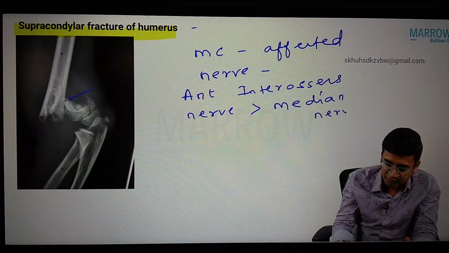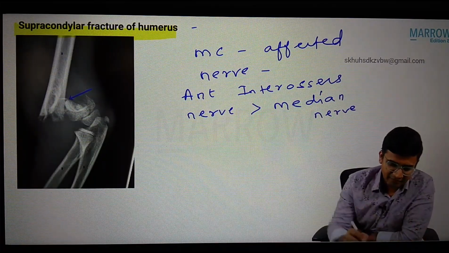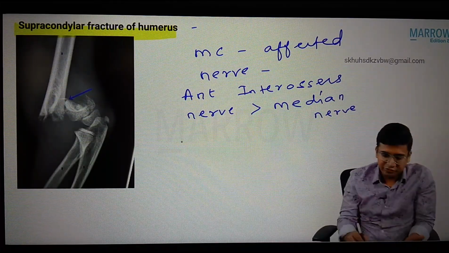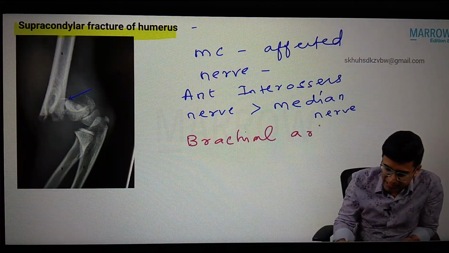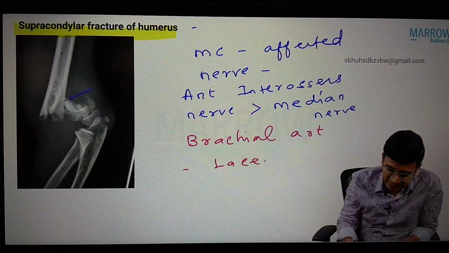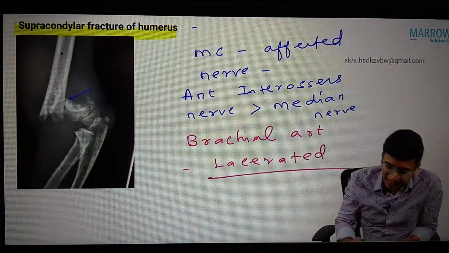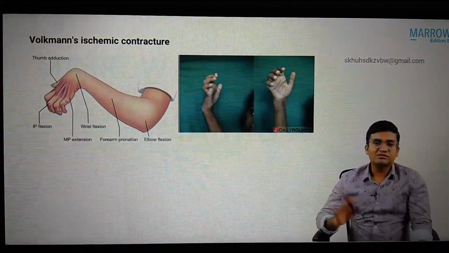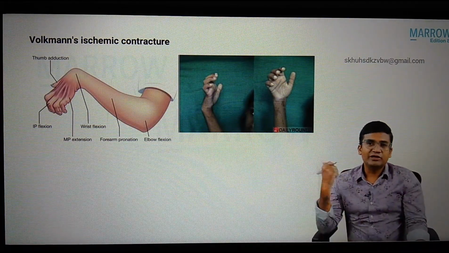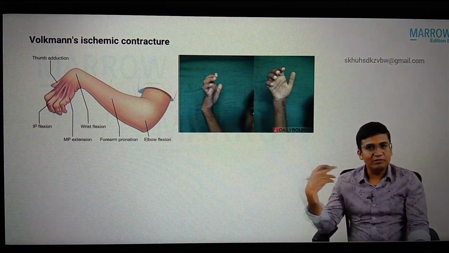What about the artery? In the supracondylar fracture of the humerus, the brachial artery is lacerated. Brachial artery lacerated means there is no radial artery, ulnar artery. So what happened to the forearm muscles? Radial artery and ulnar artery supply the forearm and palm.